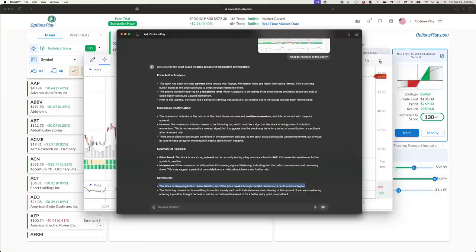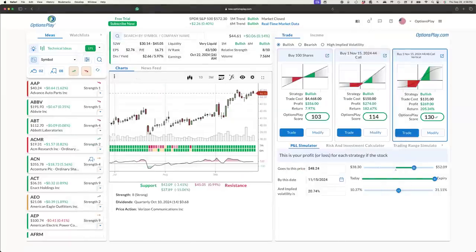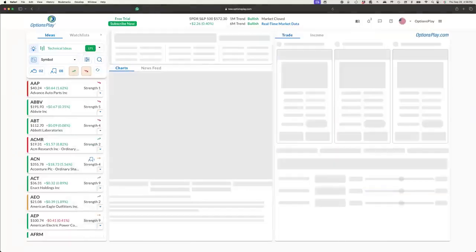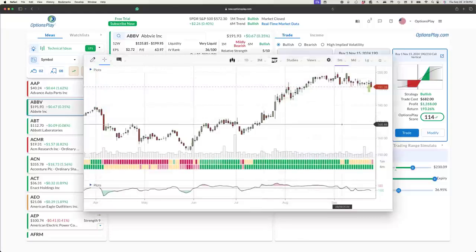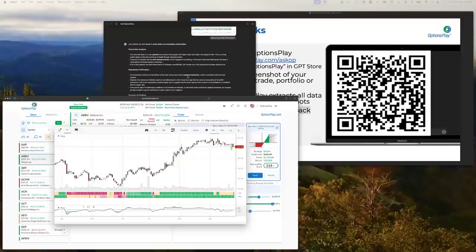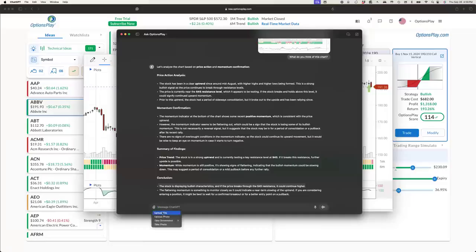And let's look at another one. I'll look at another trade that we published the other day, AbbVie. We took a bearish stance here on AbbVie, so I want to take a look at this particular chart and see what it says. What do you think of this chart?